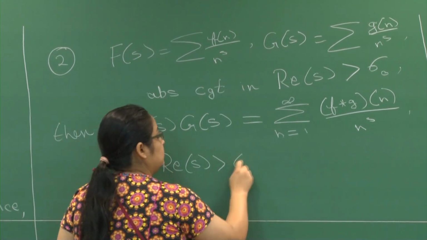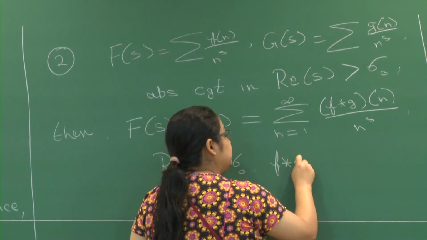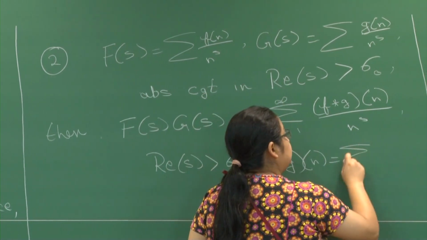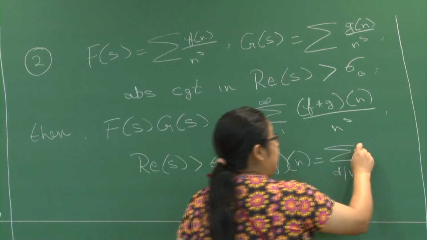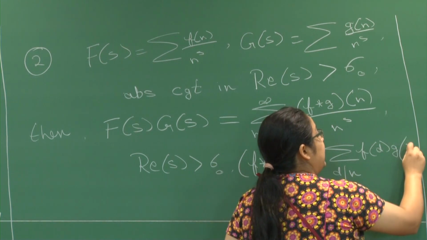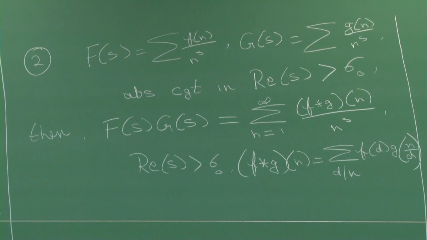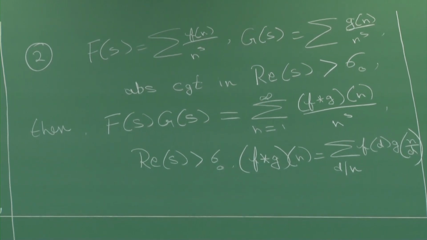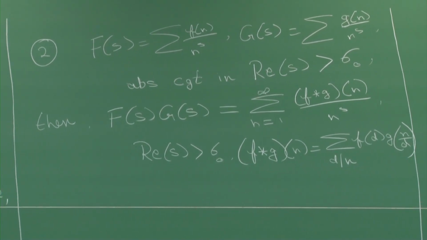Where your convolution is just the sum of f of d times g of n over d as you run over all the divisors of n. So, in the region of absolute convergence itself, the series behaves in a very beautiful and elegant manner. I hope I have convinced you of the same.